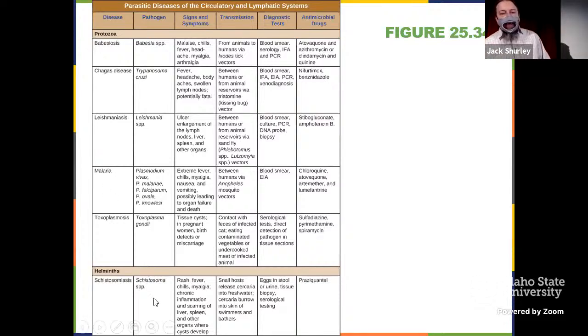The real deal with those that infect us, we see issues with rash and fever, inflammation. There's the potential for, depending on the specifics, scarring of the liver or issues in the bladder. A lot of the time with these guys, it's the eggs being released from the parasite that set the stage for damage.